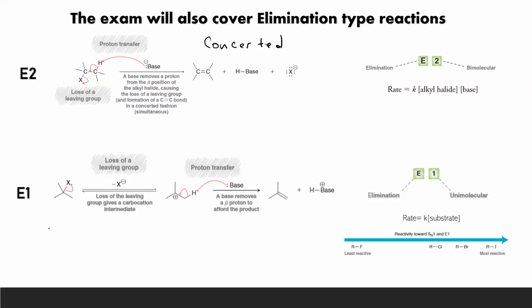You also have an E1 mechanism here. This is a stepwise process where, again, you have your loss of leaving group. You then have a base come in, deprotonate, forming your alkene product here.